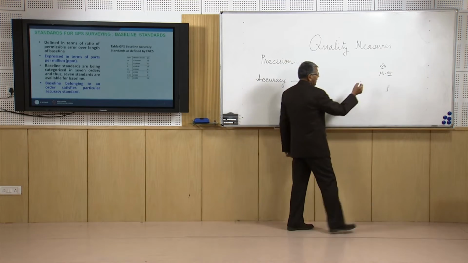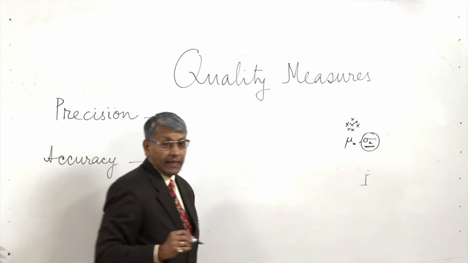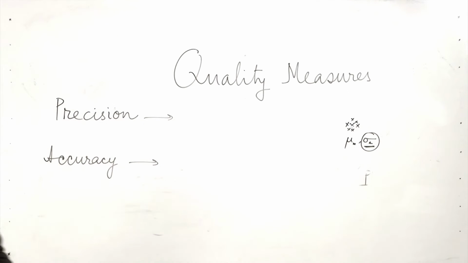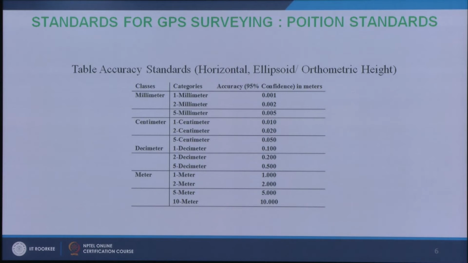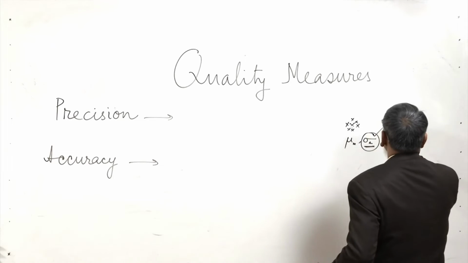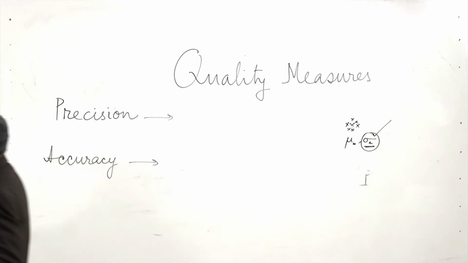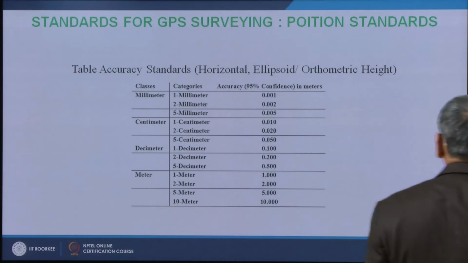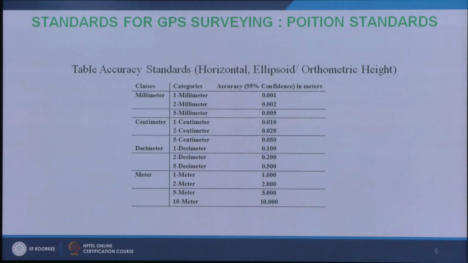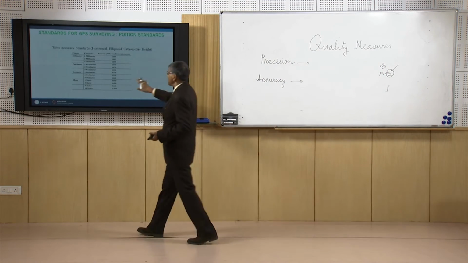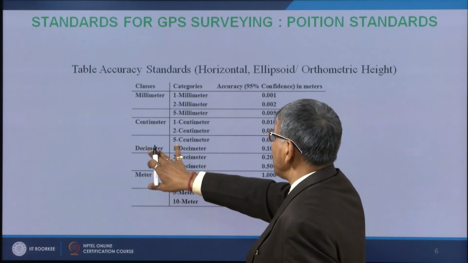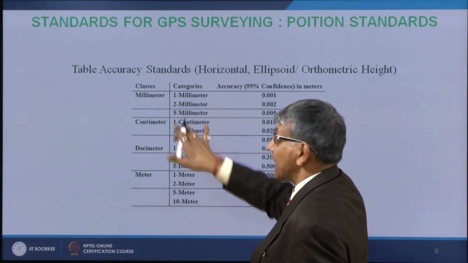Now, I will compare this sigma with the standards we have for position. Wherever this value falls within these limits, I will be able to tell that my precision standard has been achieved: centimeter, decimeter, millimeter, or 5 millimeter, like that.